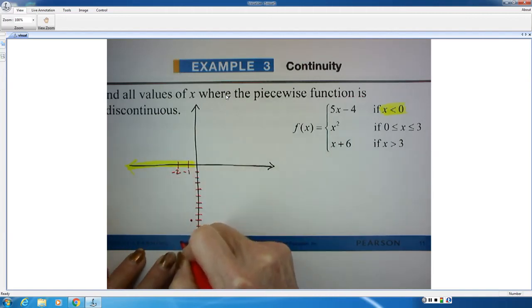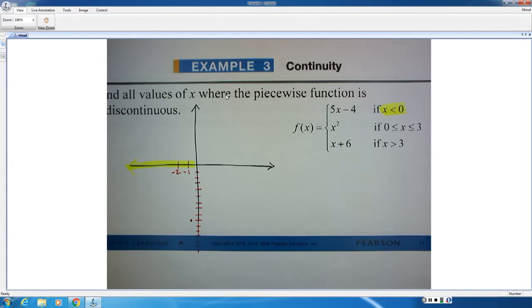That puts me all the way down here in this part. Now I could use slope and keep on going down, or I could keep on plugging in more and more negative numbers, but I know it's a linear function, and I only need 2 points to graph that linear function. So I'm going to graph with just those 2 points.